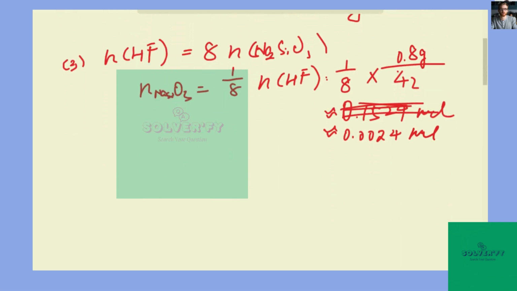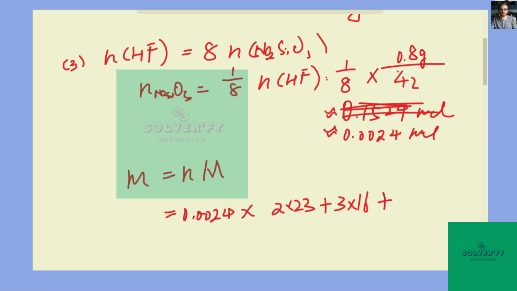So now we can calculate the mass, which equals the moles times the molar mass, which equals 0.0024 times the molar mass of sodium silicate, which is 2 times 23 plus 3 times 16 plus the molar mass of silicon, which is 28.